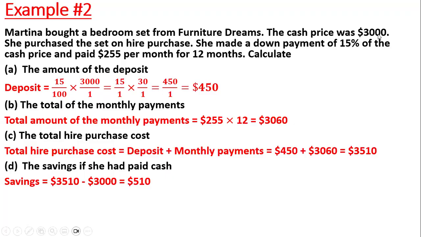Very good. The cash price is 3,000, however the total hire purchase cost is 3,510. So how much would she save if she paid in cash? What do we have to do? Subtract. And what answer do we get when we subtract them? 510. Okay, and that's how we do it.